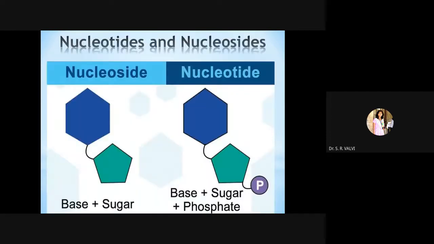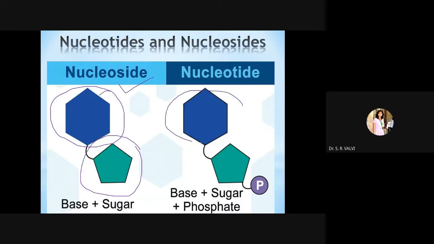Next. Then again see here nucleoside, nucleotide in a diagrammatic way. I have explained this. So here again see, this is the main base. This is your sugar, then you have to call it a nucleoside. When this base, the sugar, and this phosphate, all these three are present, then we have to call it a nucleotide, right?